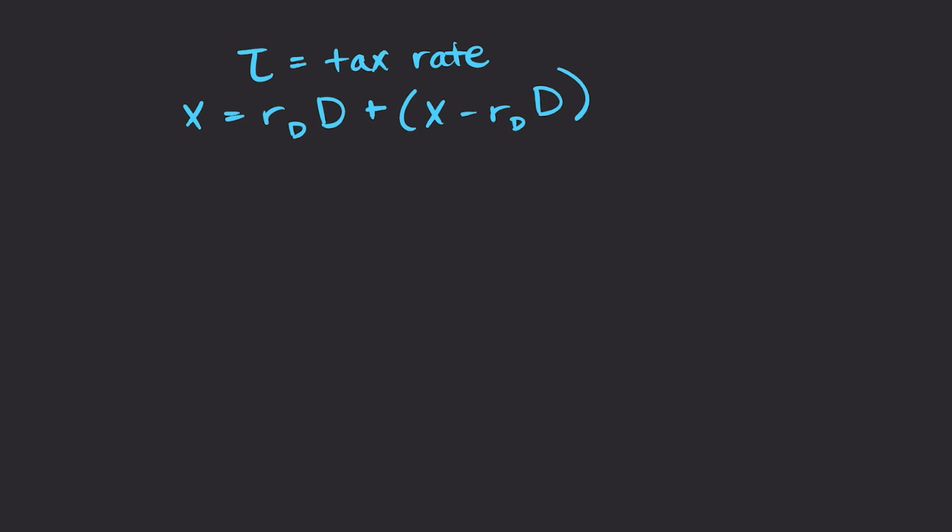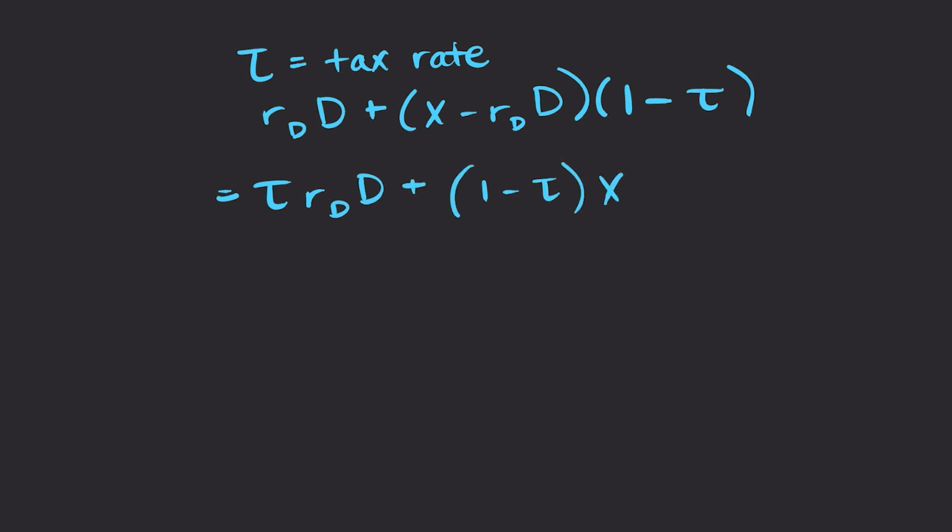But these will be taxed, but these will not be, which means that my after-tax cash flow, this is not going to change, but I'm only going to get 1 minus tau times the dividend payment. So the after-tax cash flow can be written as tau RD D plus 1 minus tau times X.